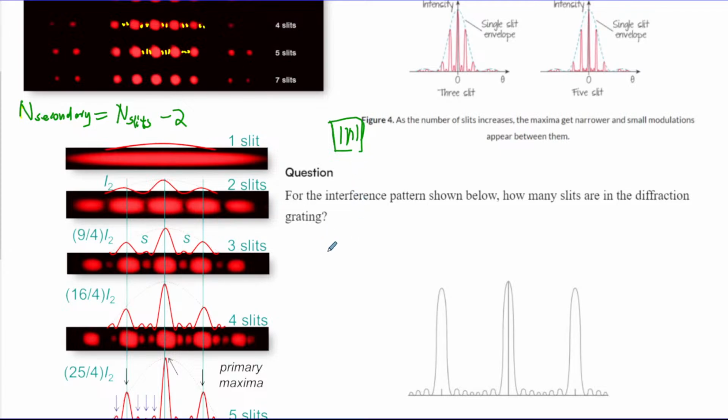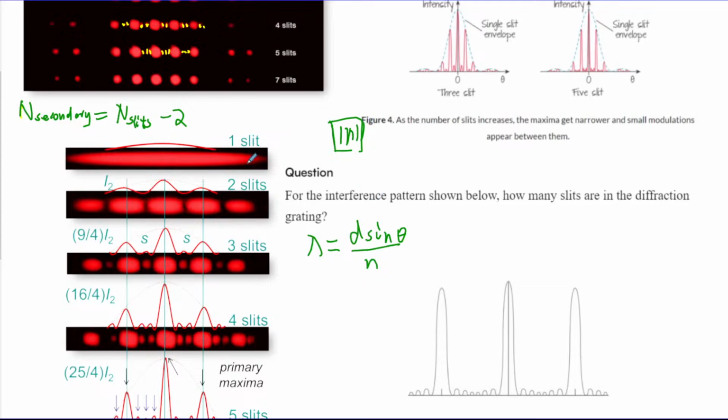That's when you use good old trigonometry, and we don't assume sine theta is equal to theta. We just say sine theta is sine theta, and we get the formula that you're nice and familiar with from the Alberta curriculum, which is lambda is equal to d sine theta over the order.